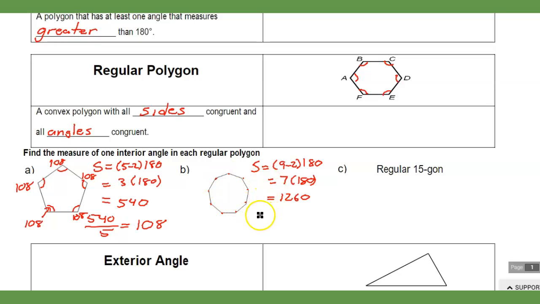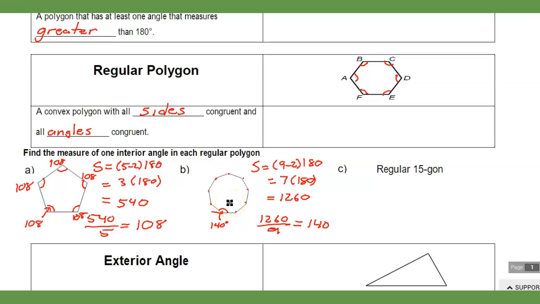And then divide that by 9. Got 9 sides total, which means each one of those is equal to 140 degrees. Each of these is exactly 140 degrees. You can see that if we extended each one of these, that would be 180. That'd be a straight line, so that looks about right.